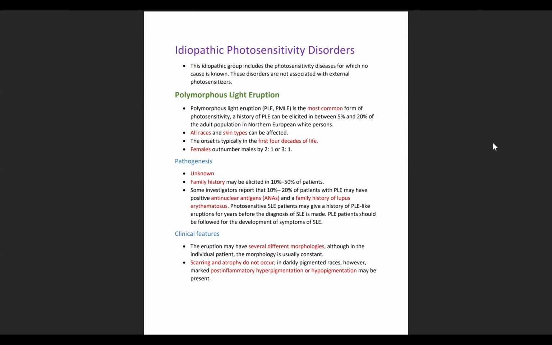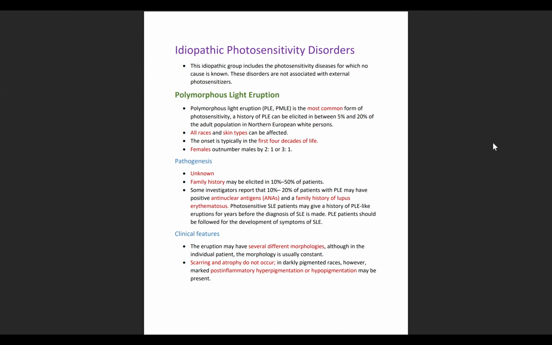Photosensitive SLE patients may give a history of polymorphous light eruption-like lesions for years before the diagnosis of SLE is made. Polymorphous light eruption patients should be followed for the development of symptoms of SLE.